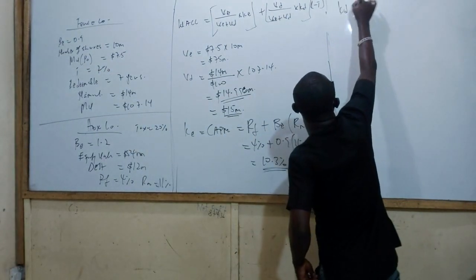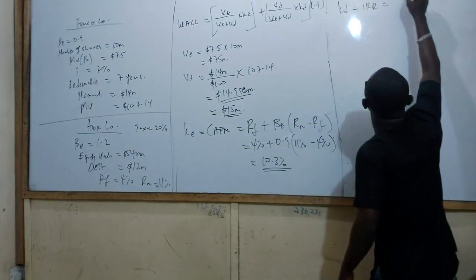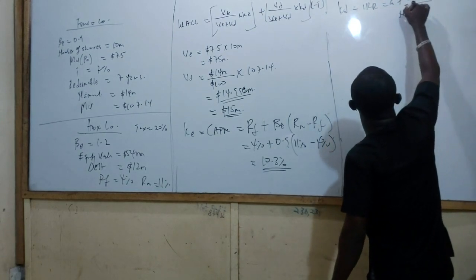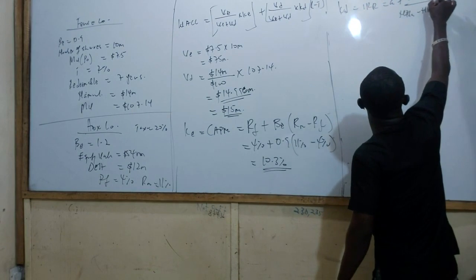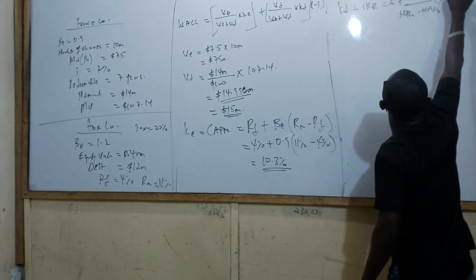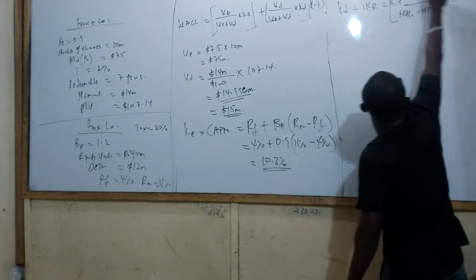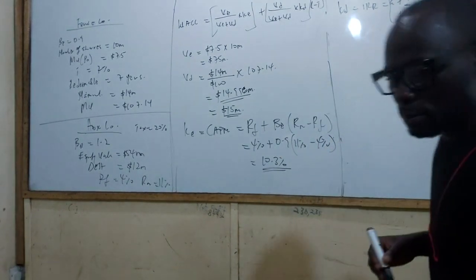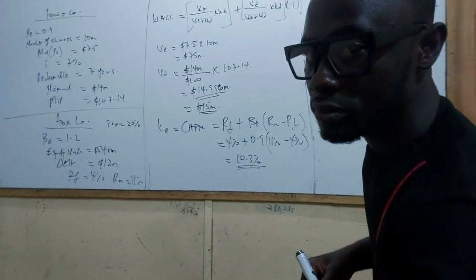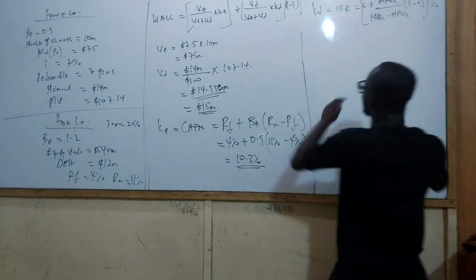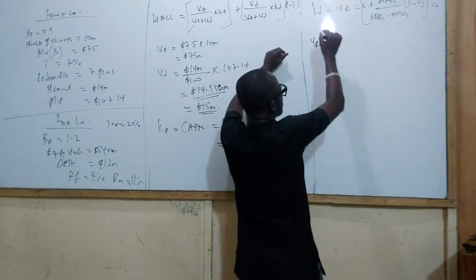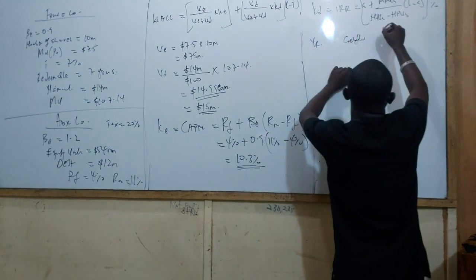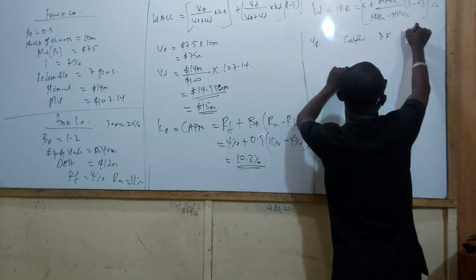If it is redeemable, what comes to our mind? IRR. So KD will be equal to IRR, which is A plus NPV A over NPV A minus NPV B times B minus A, all percent. Let's put the schedule up: year, cash flow, discount factor, present value.